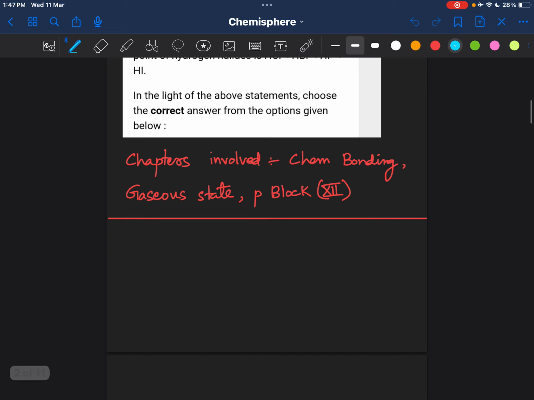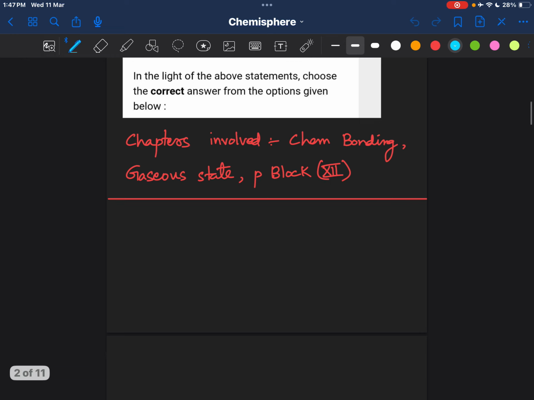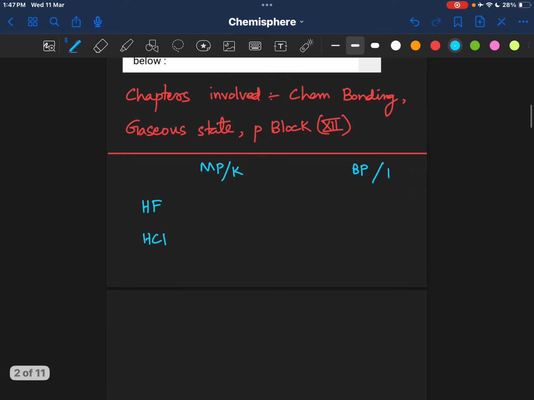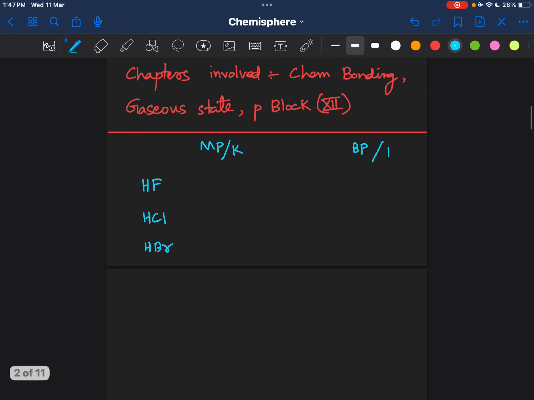To answer our question, I have some data from NCERT. So I'll be writing the data here. Melting point in Kelvin, boiling point in Kelvin, and the first row is for hydrogen fluoride, second one is for hydrogen chloride, third one is for hydrogen bromide, fourth one is for hydrogen iodide.